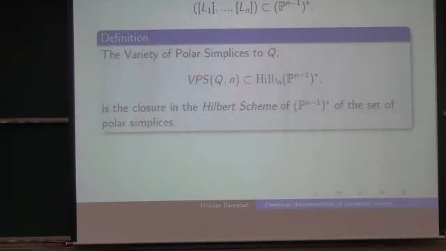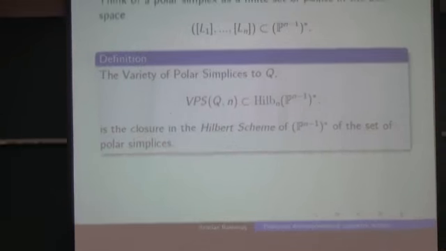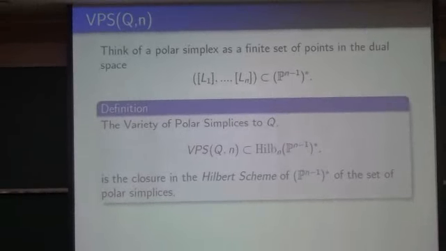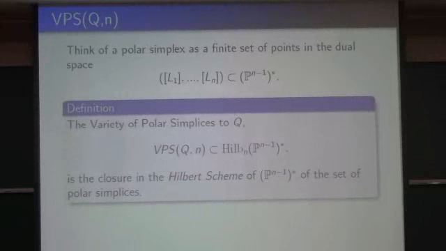Anyway, the polar simplex I can think of, on the one hand, as a set of n hyperplanes. In the dual space, this is n points. The dual projective space parameterizes hyperplanes, so the n hyperplanes become n points in the dual space.